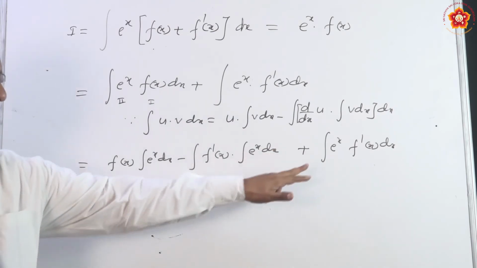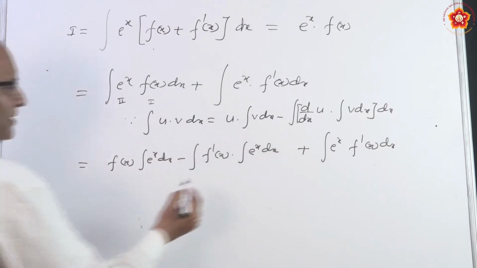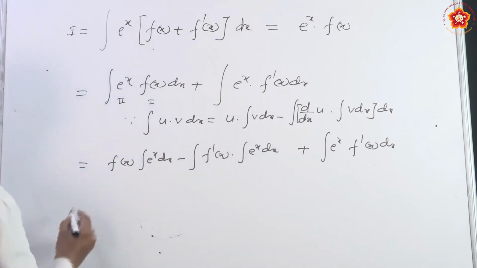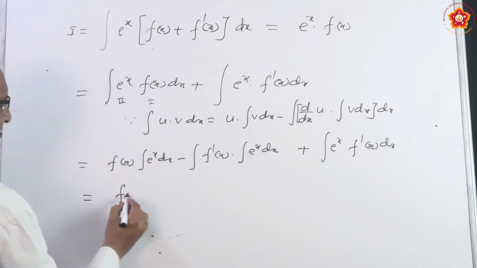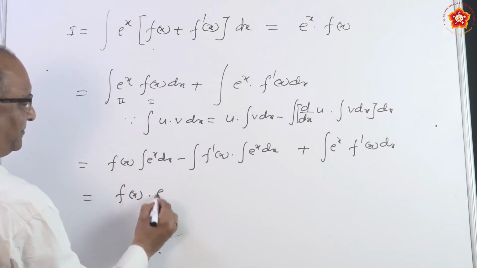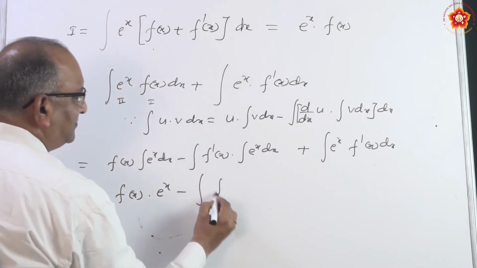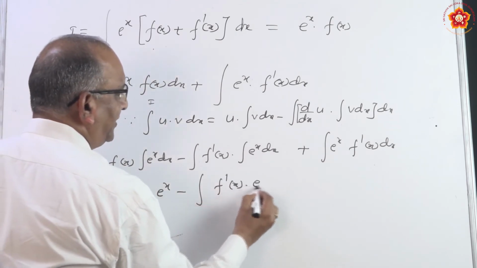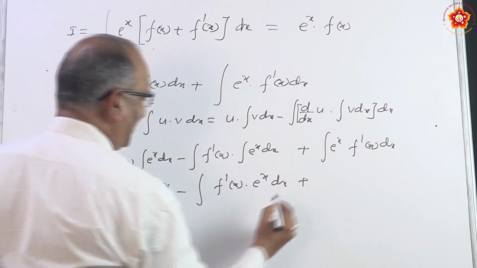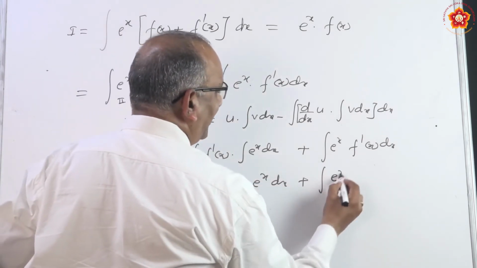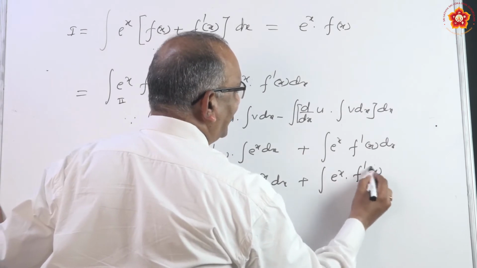See these 2 things. Integral of e to the power x is nothing but e to the power x only. So, this is f x into e to the power x minus f dash x into e to the power x dx plus e to the power x into f dash x dx.